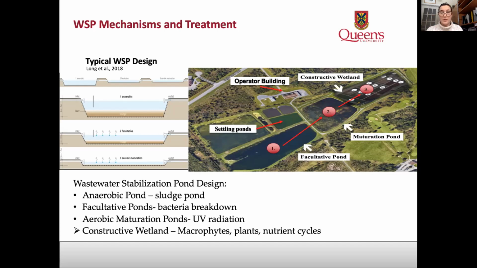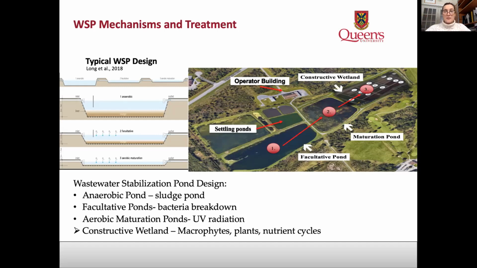The Amherst wastewater treatment system is just outside of Kingston, about 20 minutes away. You can see here a picture of an aerial view where the operator building takes in from the primary wastewater treatment. Then it separates the solids and the liquids. The solids basically leave into a different plant, and the liquids continue through secondary wastewater treatment.